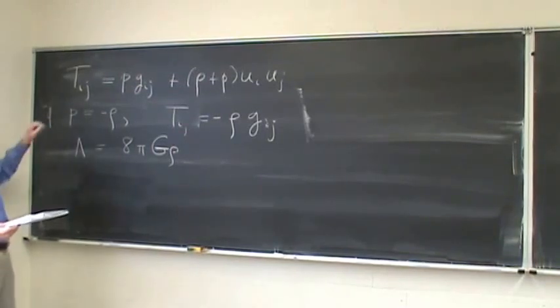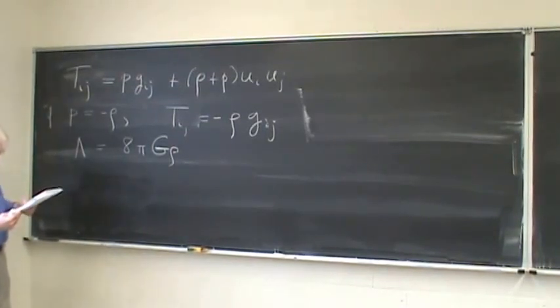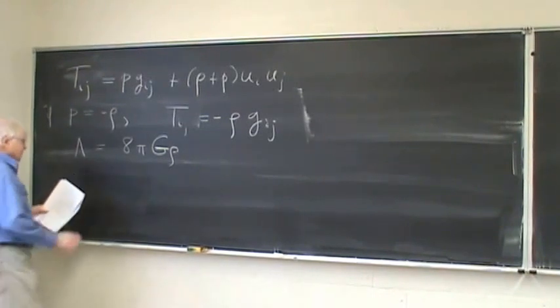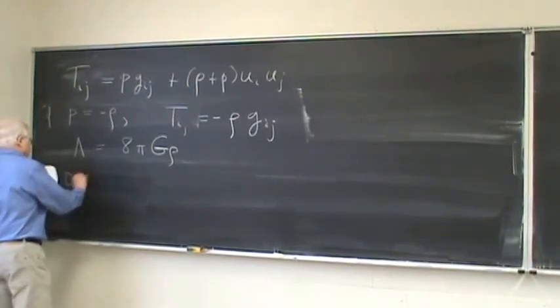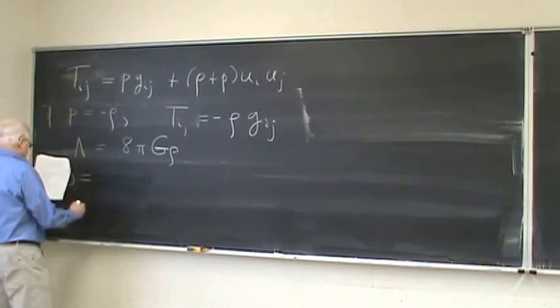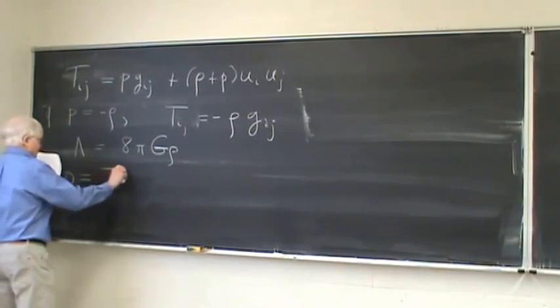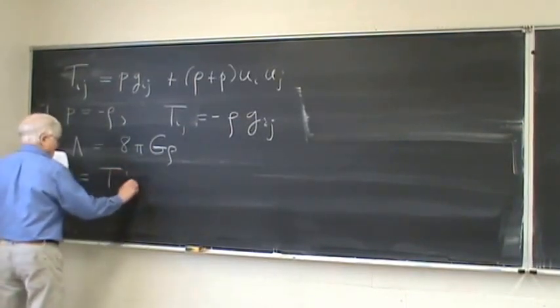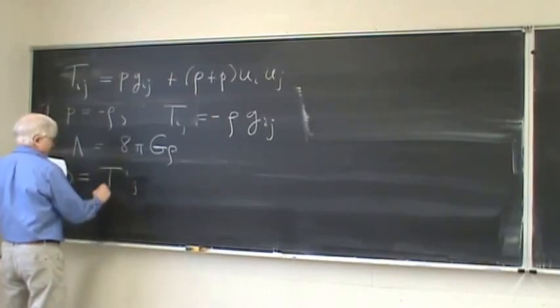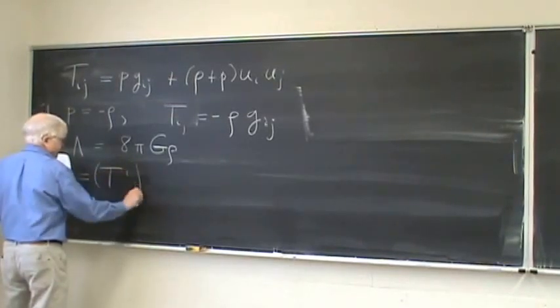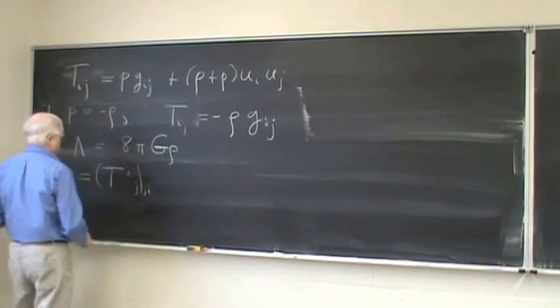Now, whatever we say about Tij, we want to make sure that it's defined so as to satisfy a conservation law, and the conservation law is Tij semicolon i is 0.